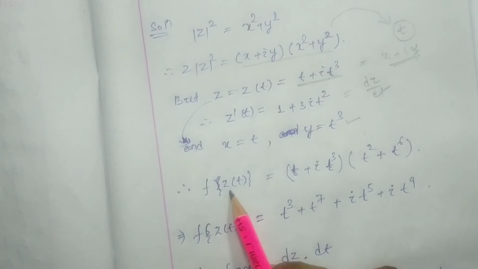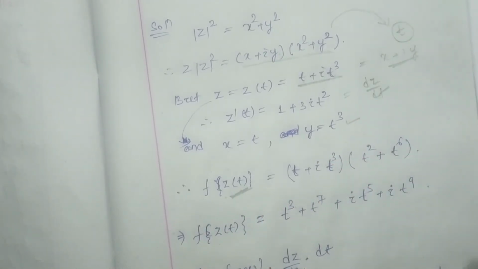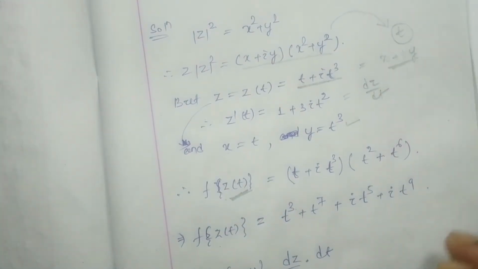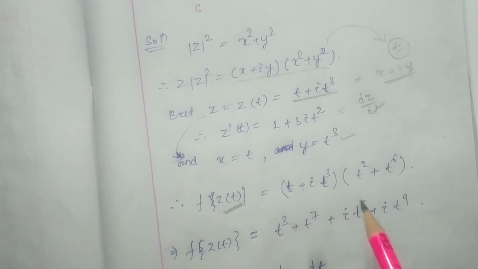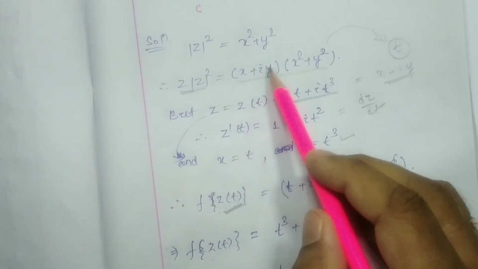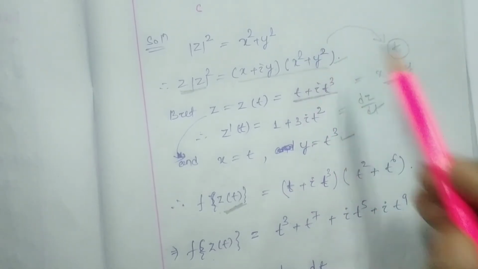with z, which is the function of t, can be written as, this is the function x plus iy times x squared plus y squared, which is given in the question.